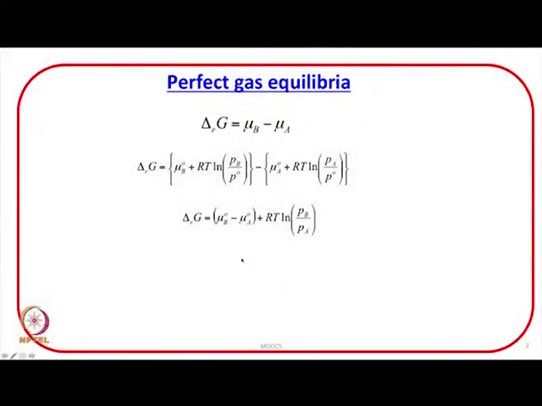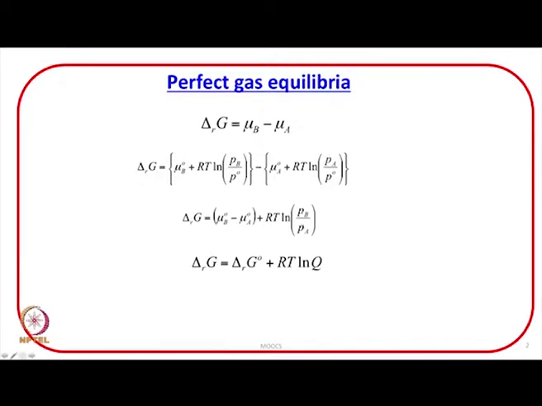Now this equation, let us express into another form. This is delta Rg, and this difference in standard state chemical potential is equal to standard state reaction Gibbs energy. This also we have discussed in the previous lecture.